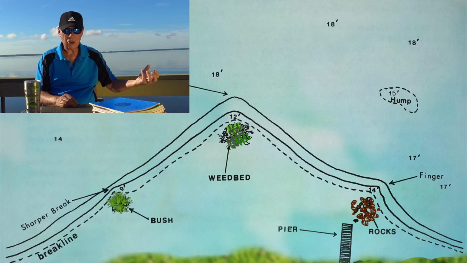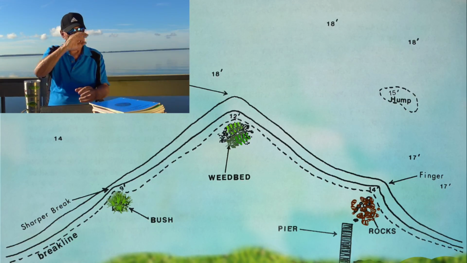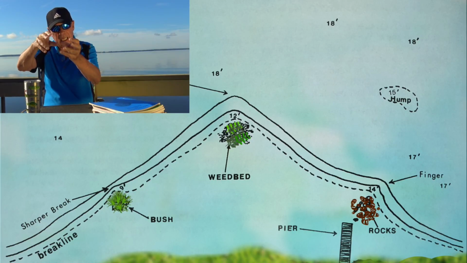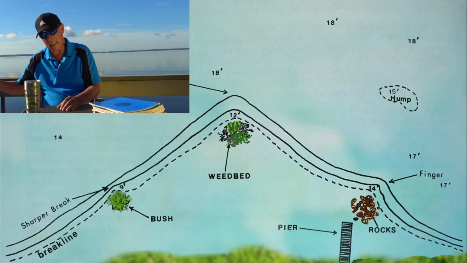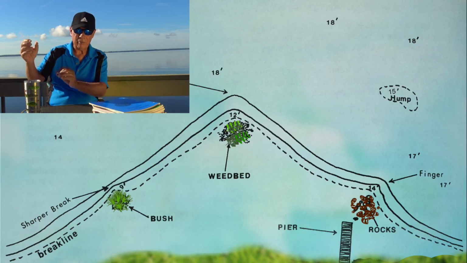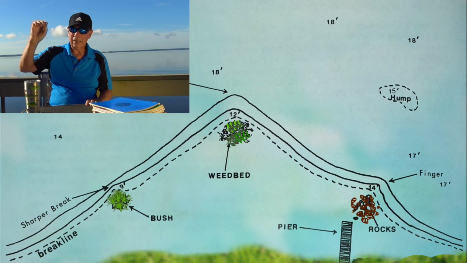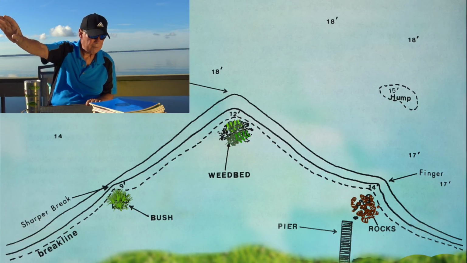And right at that sharper break, there's also another break there, a bush. Then as you go out to the end of the bar, we see a weed line, a nice group of weeds at the end of the bar. And if you come over to the right side of the bar, you see a bunch of rocks leading up to a pier. And then sitting off to the right of the bar, you see a hump.